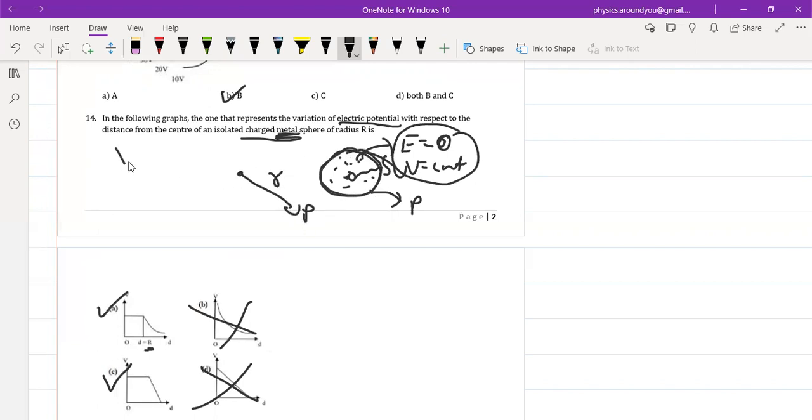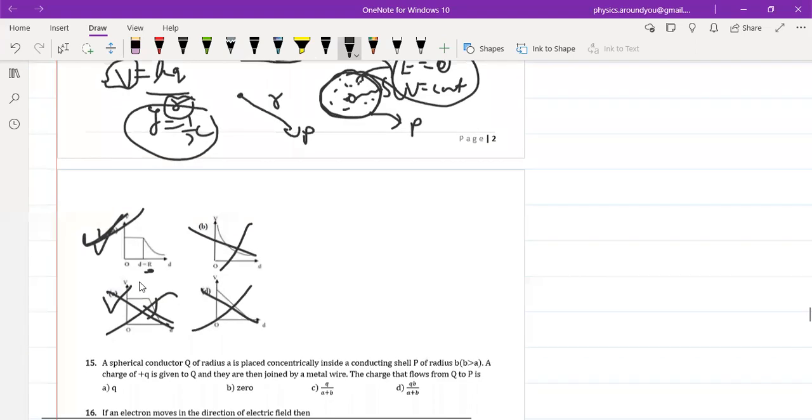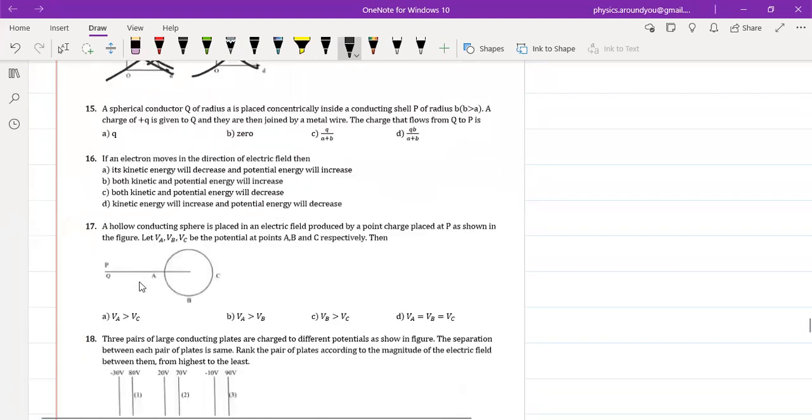Now, what is the potential formula? V equal to KQ by R. So voltage would vary with the distance like Y equal to 1 by X, or like a rectangular hyperbola. Definitely not linear like C has shown. Therefore, the right answer is A. 14 goes with A.